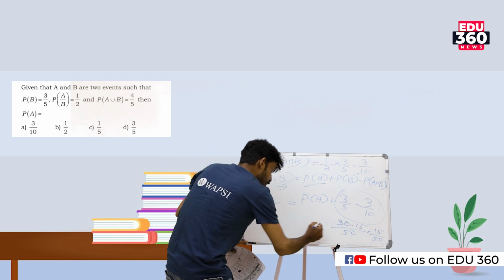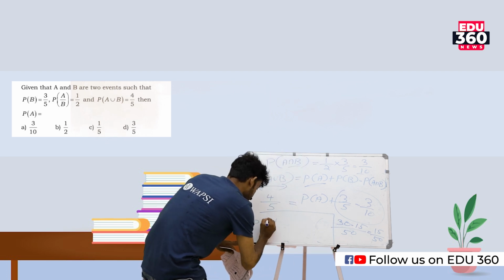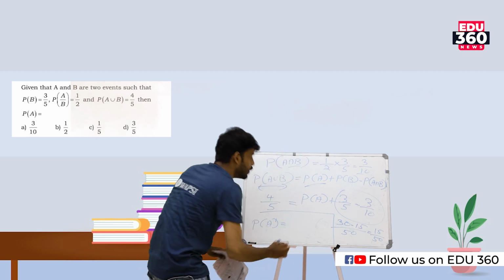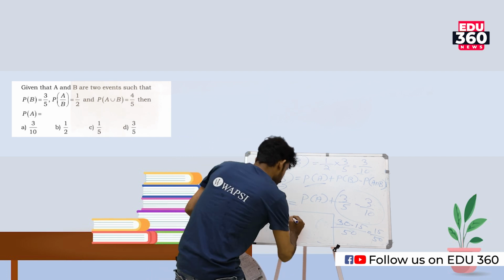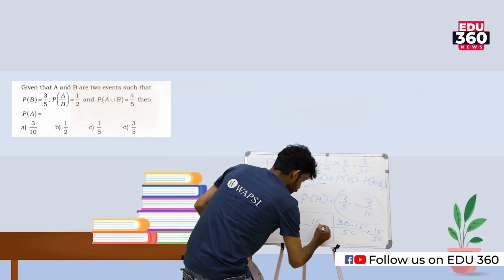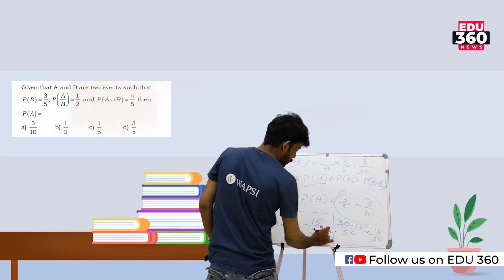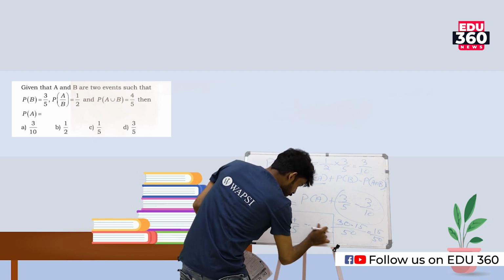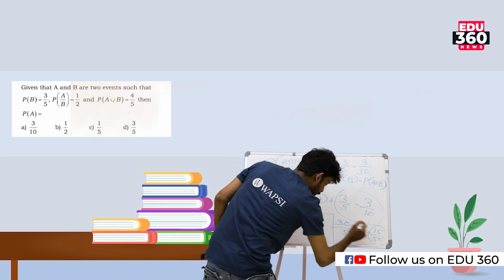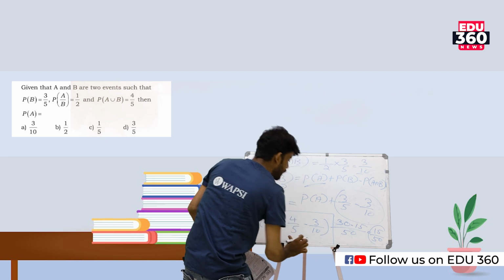So P of A is equal to, on the next step we can write P of A is equal to 4 by 5 minus, for this one, while we are going to simplify this, we can write it as 3 by 10.